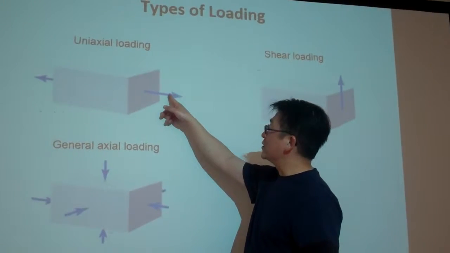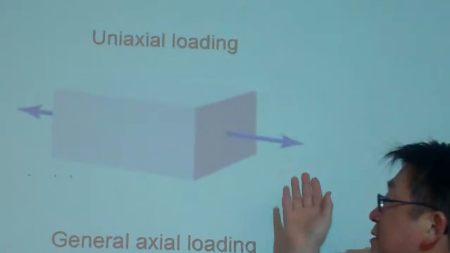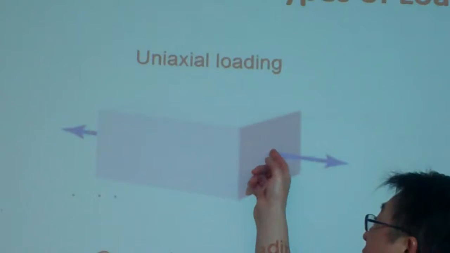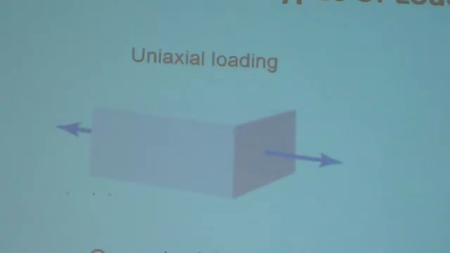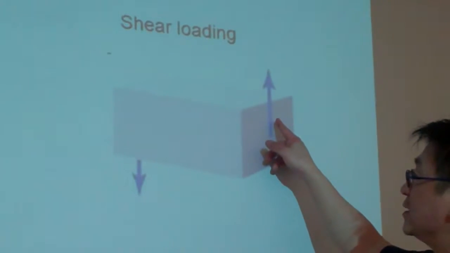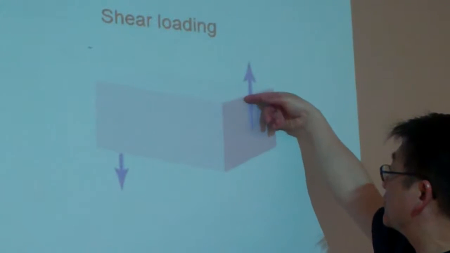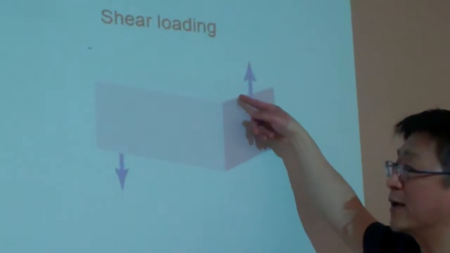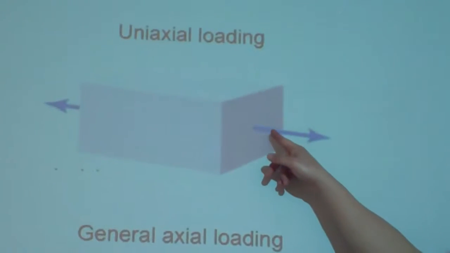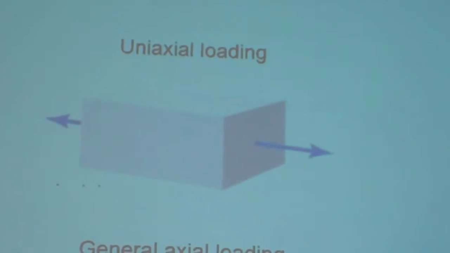That means this loading is basically a single pair of forces in one axis, one direction, applied in the axial direction. The next one is called shear loading. The feature of shear loading is that the direction of the force is parallel to the cross-sectional area, as opposed to axial loading, which is in the normal direction to the cross section.